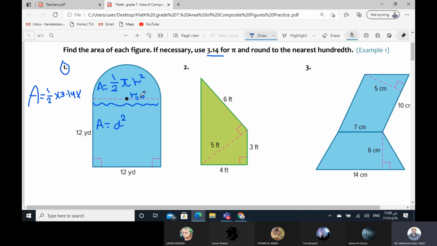R will be 6. 6 squared means 6 times 6 will be 36. Plus the area of the square here, a squared means 12 squared. 12 squared means 12 times 12. 12 times 12 will be 144.